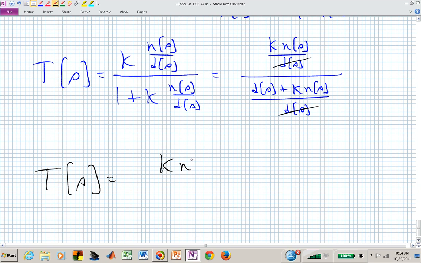Now it looks like K times the numerator of our open loop system over the denominator of our open loop system plus K times the numerator of our open loop system.